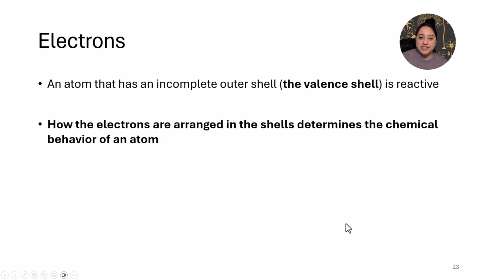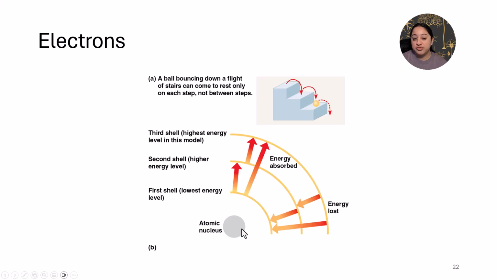So if we go back to this idea of shells, if an atom has an incomplete shell, whichever one is the most filled in, if it's incomplete, it's called its valence shell. So the one that's furthest out and most complete is the valence shell.